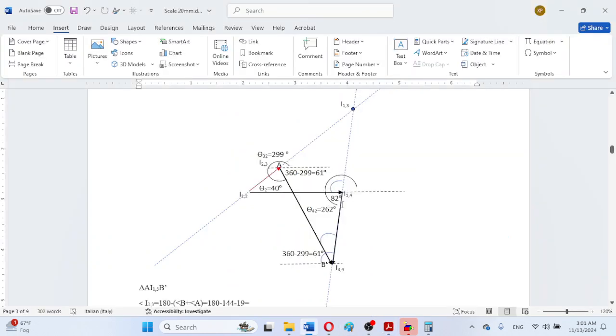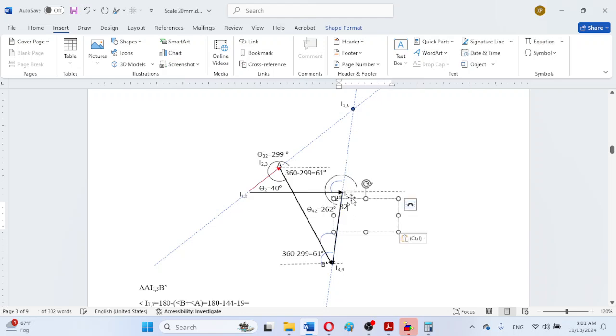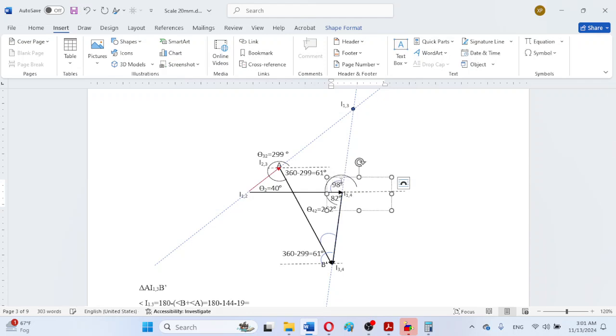So that means, just copy and paste this label and move it here and change it here, that this is equal to 98 degrees, in this way.